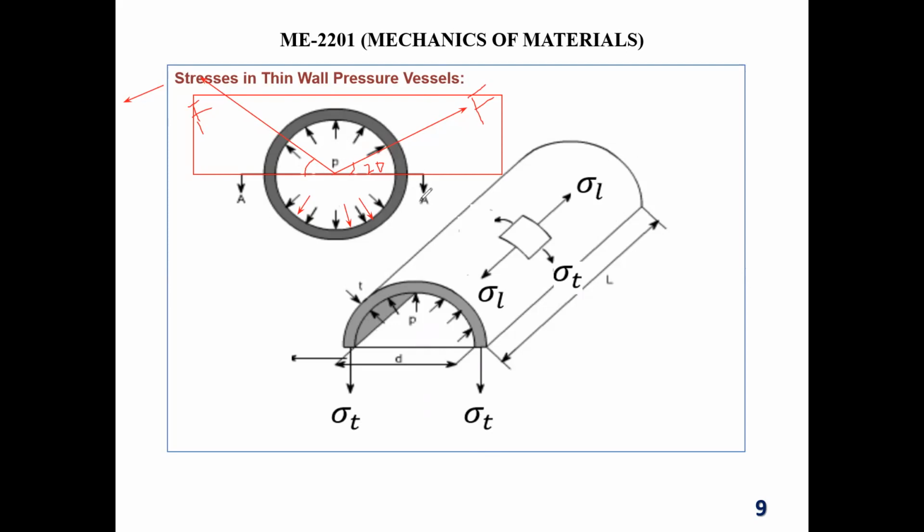Now, if the angle is theta, then this F you can make into two components. You can make one horizontal component, F cos theta. You can make one vertical component, F sin theta, right? If this angle is theta, then this will be F cos theta.